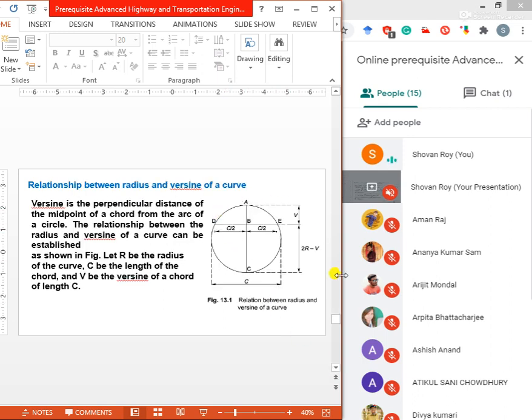Suppose from this figure you can see DAE, one arc of the circle, and D is the chord. DE is the chord of the arc, and DAE is the arc of the circle, and DE is the chord length, which we have discussed.